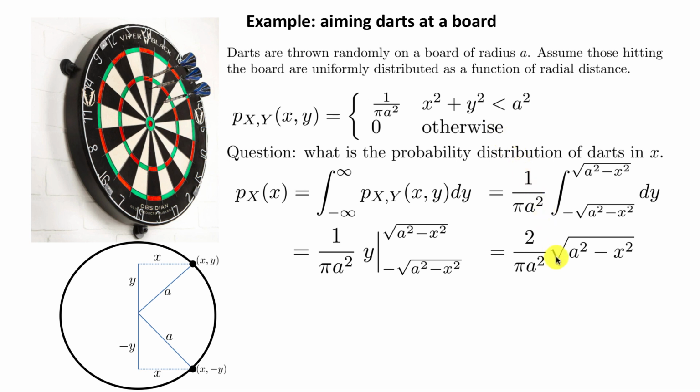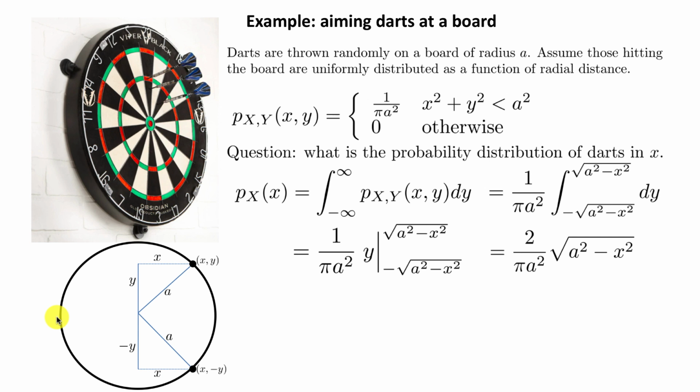So this p is a function which takes its maximum at x equal to 0 and takes its minimum, that is to say 0, when x is equal to plus or minus a. That is to say, when x takes this value over here or takes this value over here.